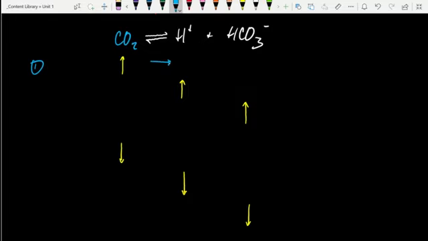And because this arrow tells me what I'm producing, I'm going to predict an increase in H plus and an increase in HCO3. As carbon dioxide dissociates, it will eventually turn into H plus and HCO3. This is the reaction seeking a new equilibrium and describing the dissociation of carbon dioxide. In this case, it's binding to water, turning into carbonic acid, which then dissociates into bicarb ion and H plus.